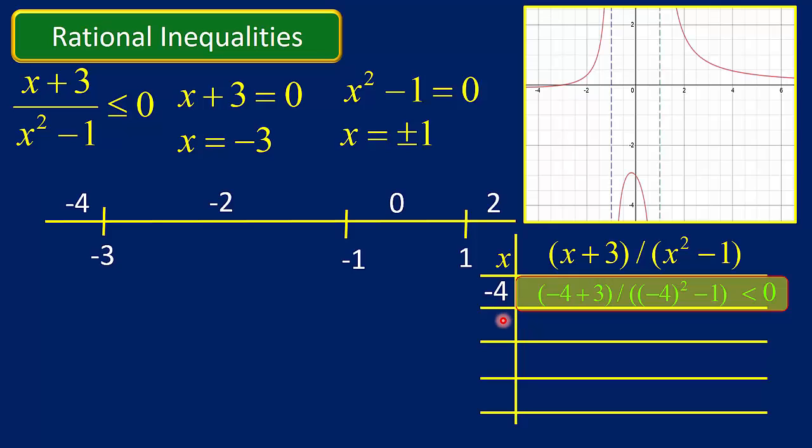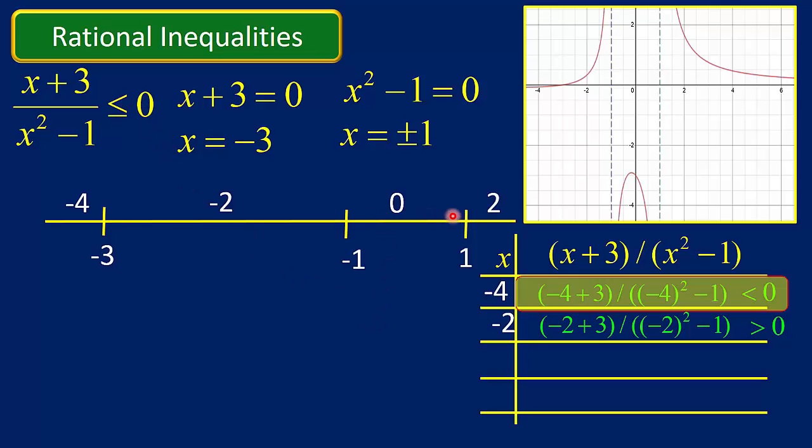Now I next plug in -2 to test this region, actually this region, I'm sorry, this region right here, between -3 and -1. So I plug that in. See, -2 plus 3 divided by -2 squared minus 1. This top is positive, the bottom is positive, so that's greater than 0, and that's not what we want. We want something less than or equal to 0.